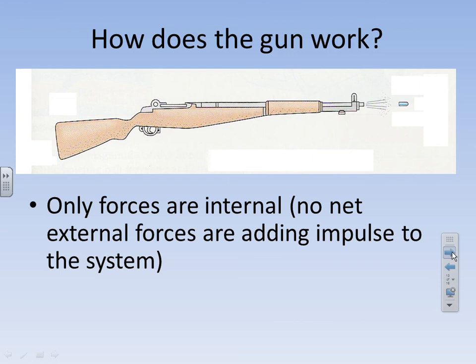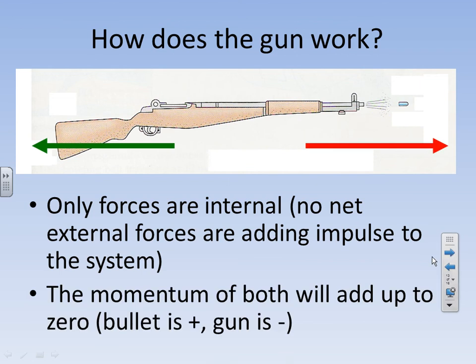So these arrows would represent the momentum of the gun and the momentum of the bullet. Even though they both started at zero, they both end up moving. That's okay, as long as they both end up moving.